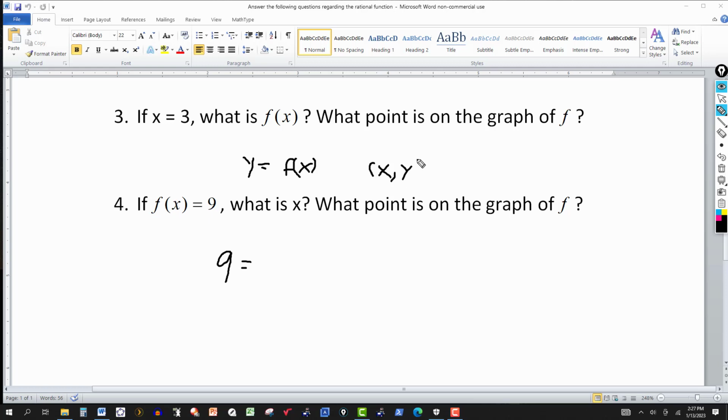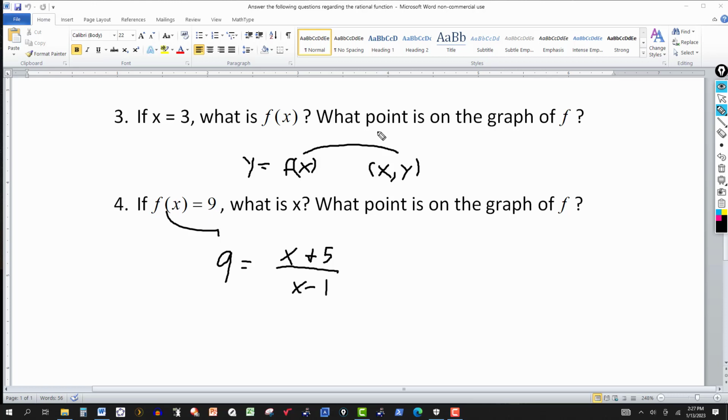But remember, y and f of x are the same thing. So we take the function f of x is equal to x plus 5 over x minus 1, and we're given f of x to be 9, so we have that.